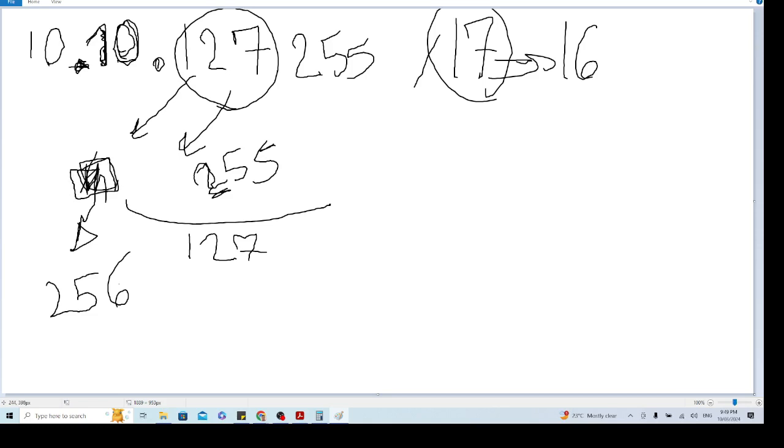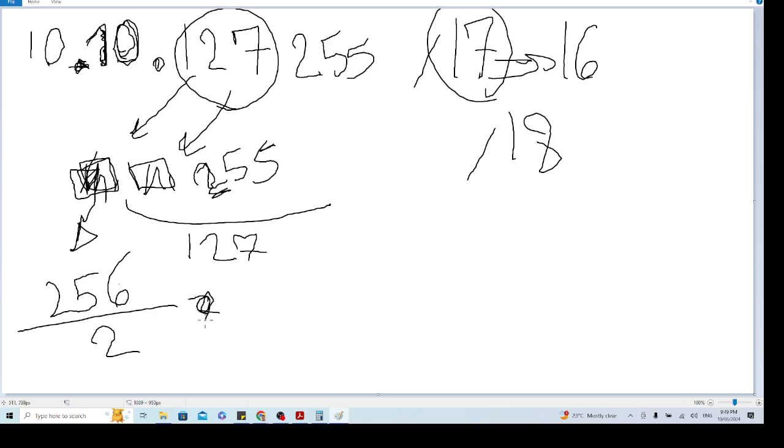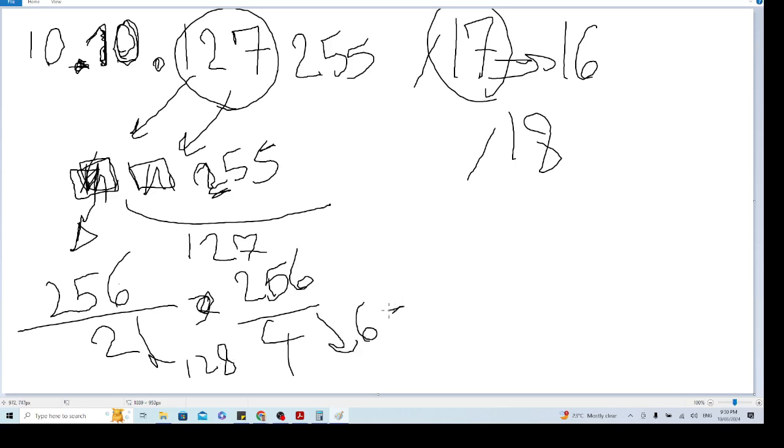So what I do is I just divide it by two. If that one box was two boxes, for example, if instead of 17 I had slash 18, I would have divided 256 by 4. So it comes to 128, and this comes to 64. So this is the way I remember how to map these numbers.